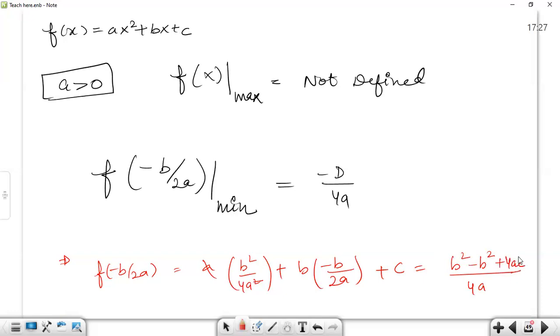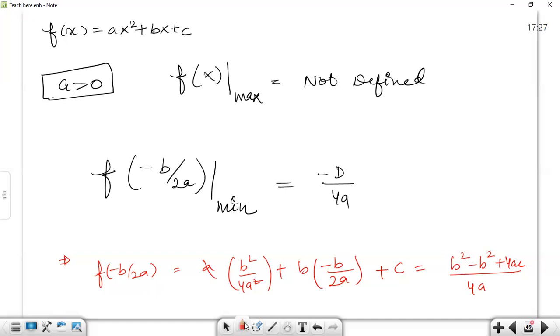Let me recap. A into b square upon 4a square plus b into x, which was minus b by 2a, plus c. So this equals, taking LCM as 4a, b square.